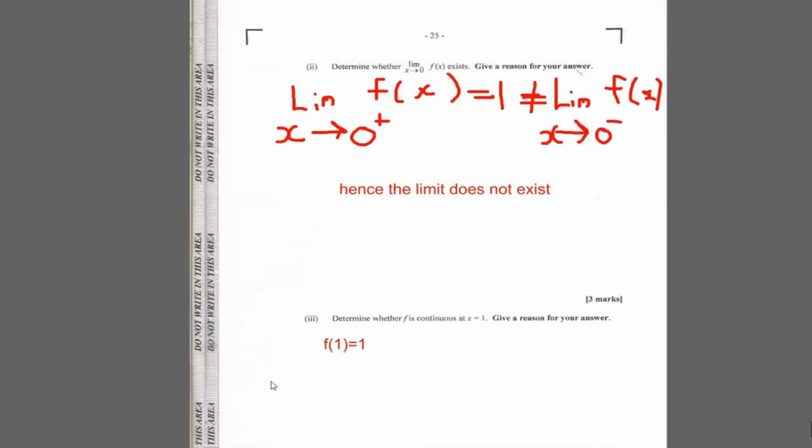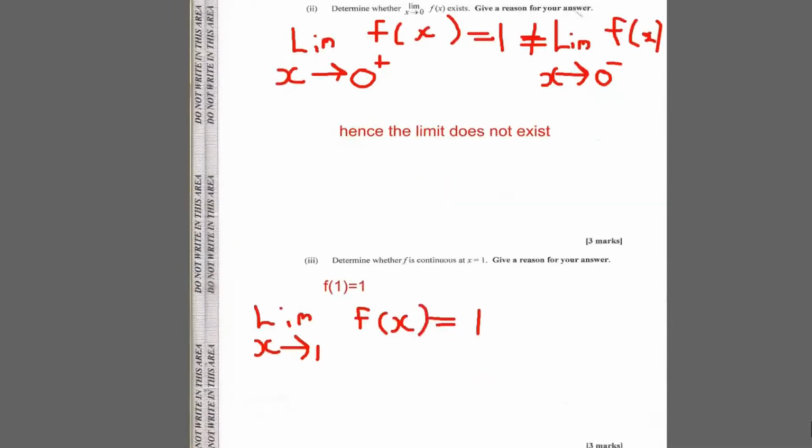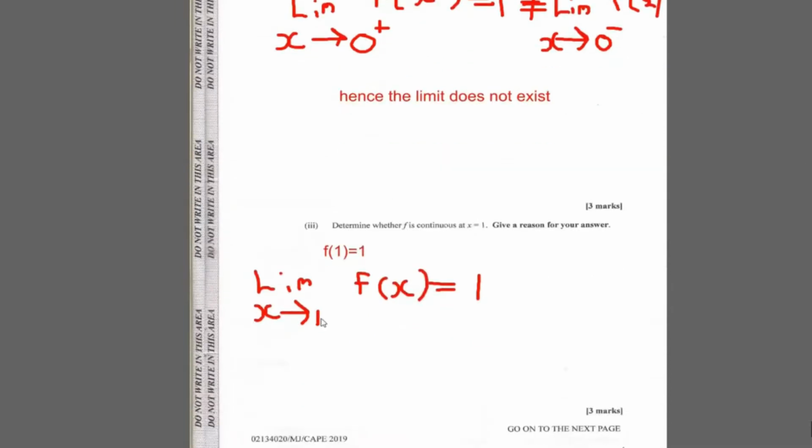The limit as x approaches 1 of f of x is equal to 1. So since the limit as x approaches 1 is equal to 1 and f of 1 is equal to 1, yes, it is continuous.